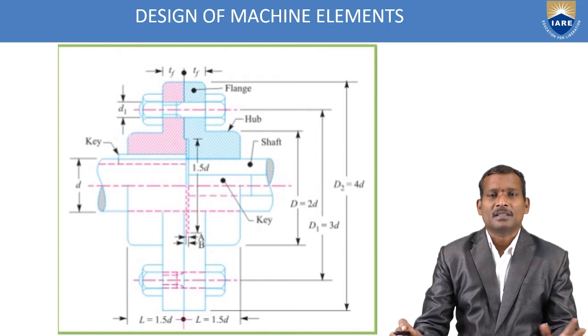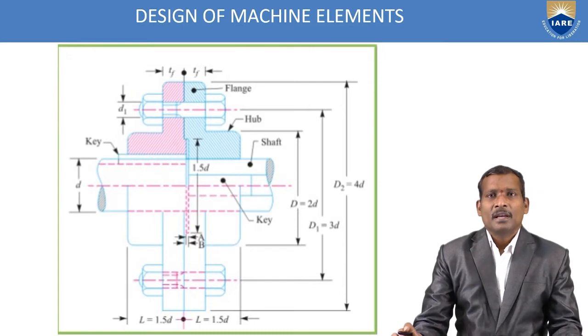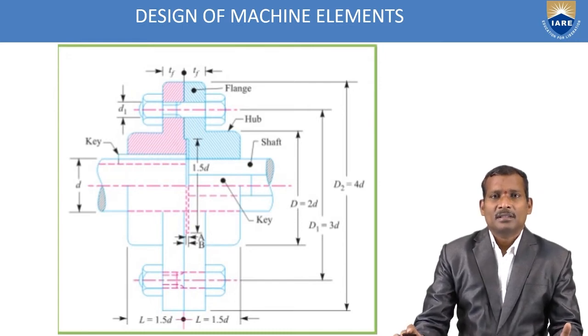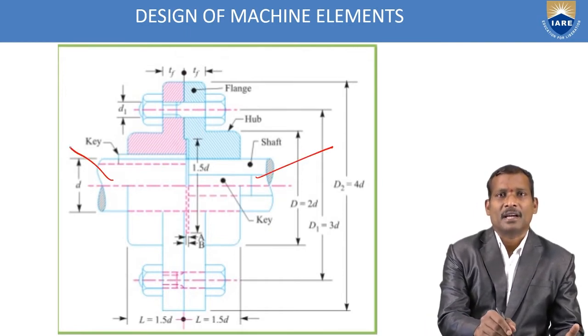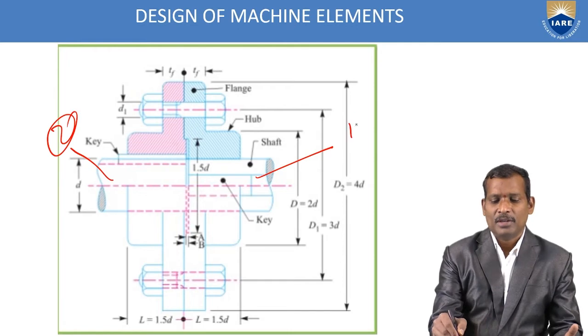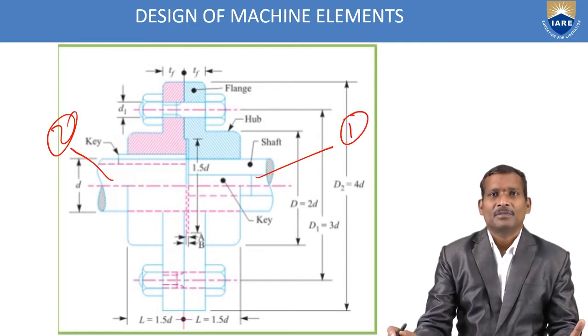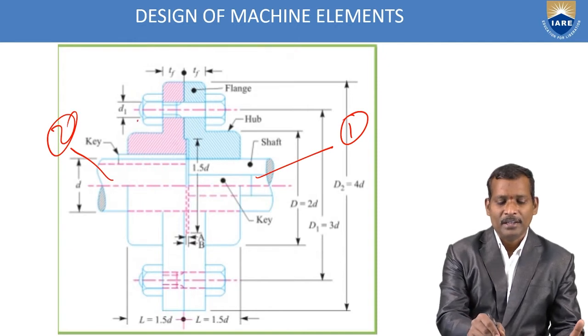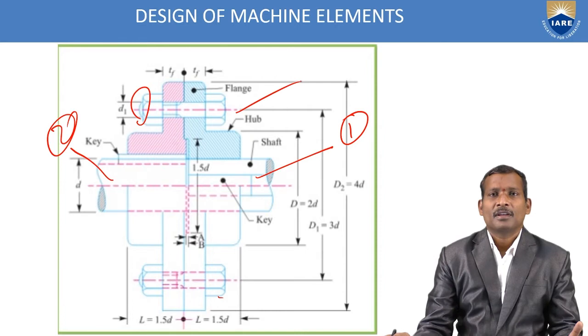In this slide the sectional views of the flange coupling are shown. Here, two shafts are there, one shaft and another shaft, and these two are connected with the help of bolts and nuts. These are the bolts.